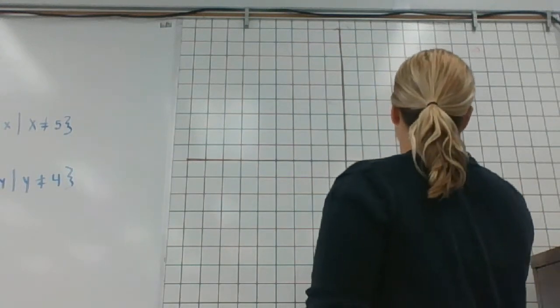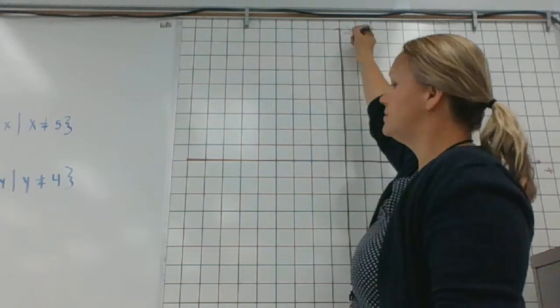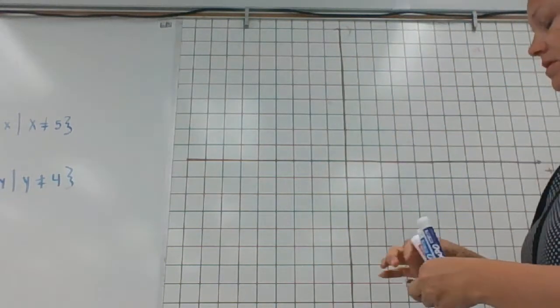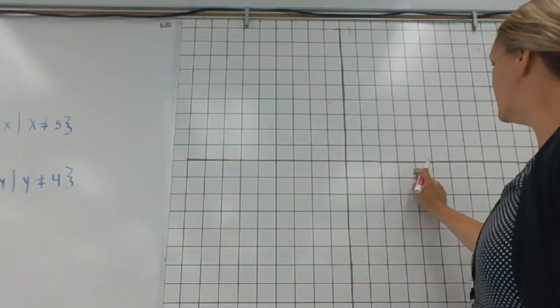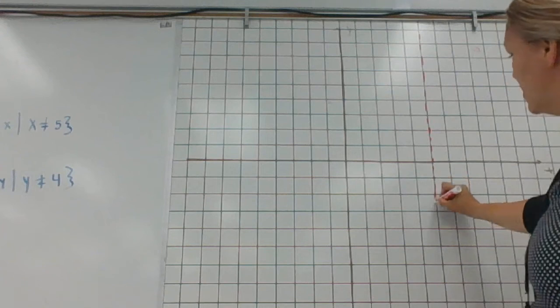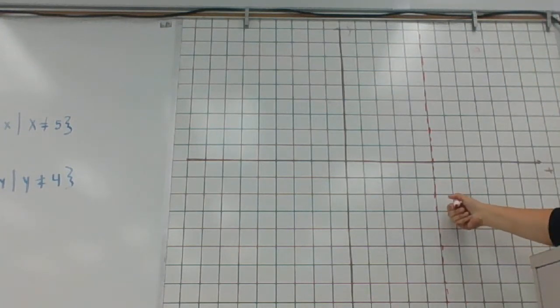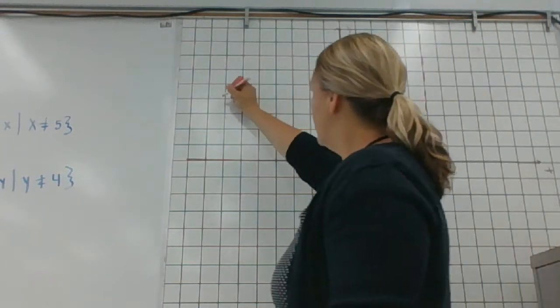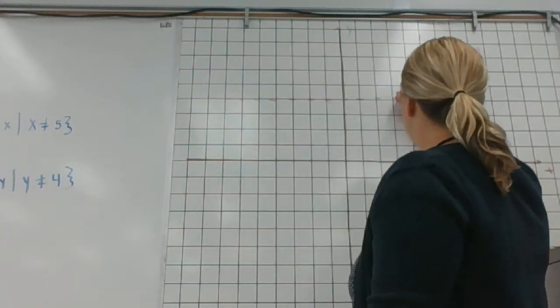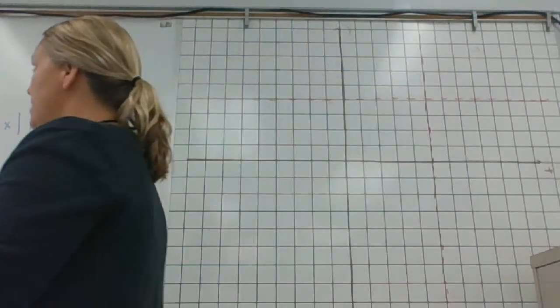Right 5 and left 4. So 1, 2, 3, 4, 5. My graph will not go through this dash line. It's impossible mathematically. It will be undefined. And so my graph also won't go through this dash line. Also impossible mathematically.